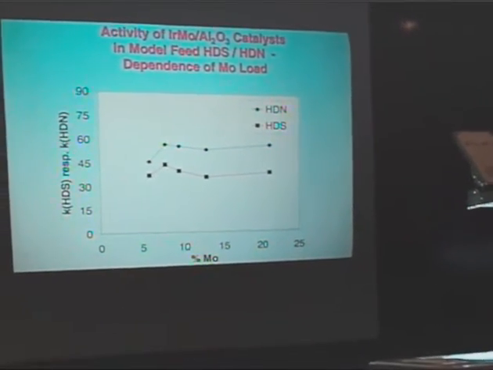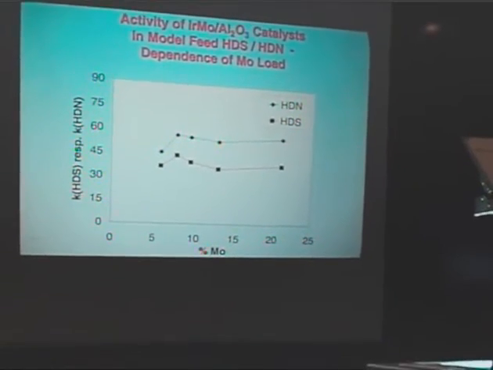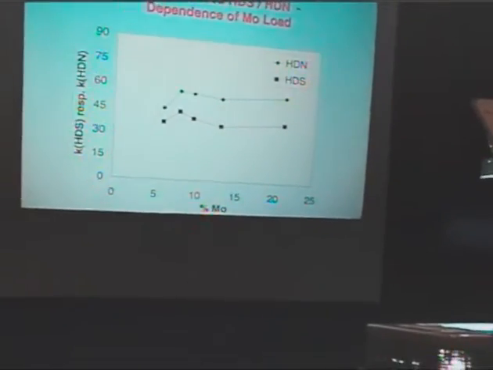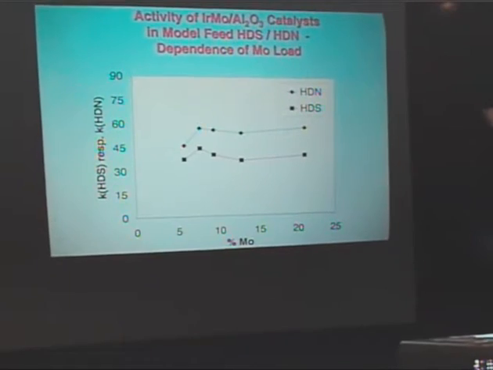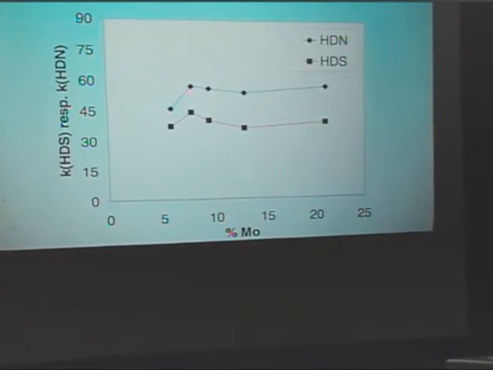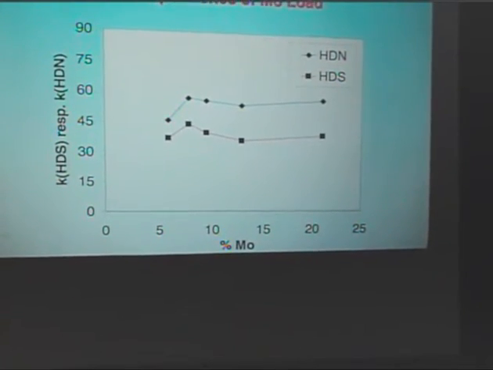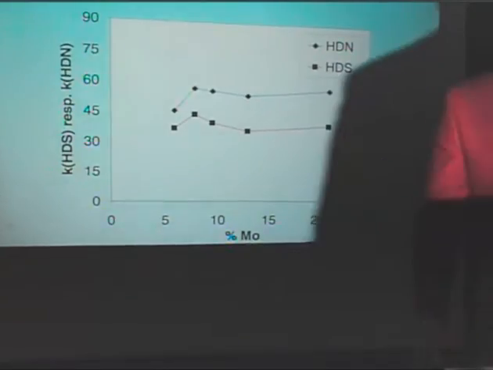The molybdenum load is between 5% and about 20%. Only for these very low loads of about 5%, one might see a drop in activity. But for the rest of this series, between 7 and 20%, the activity is rather constant. A very different picture is obtained for iridium.